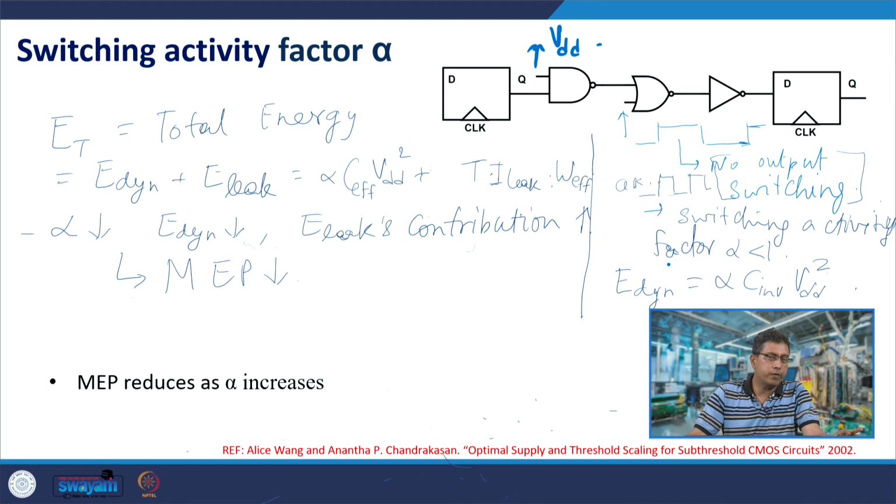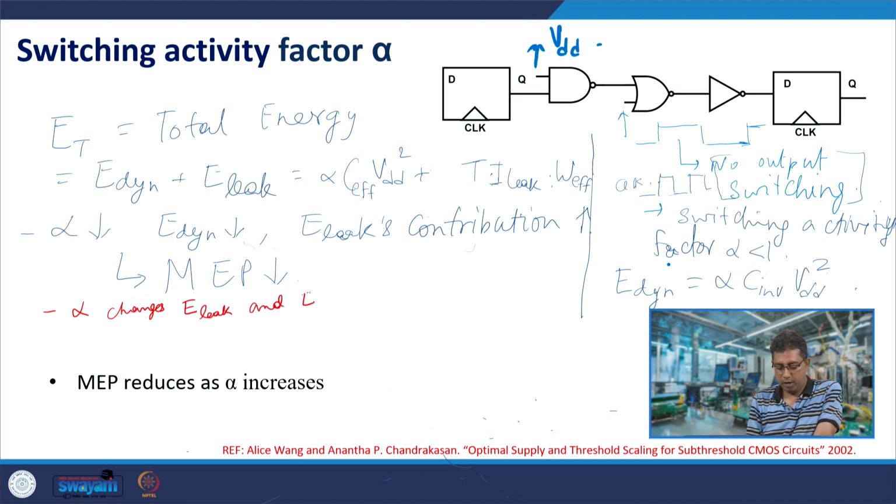So, which component of energy consumption, dynamic or leakage, dominates depends on the switching activity factor, and the optimum arises because of the interplay of these two components of energy. Therefore, the optimum VDD also changes with switching activity factor. The switching activity factor alpha changes E leakage and E dynamic, so VDD optimum or the minimum energy point is a function of switching activity factor.